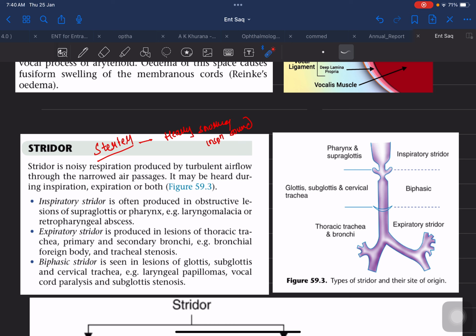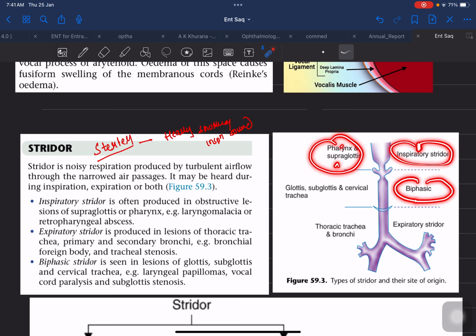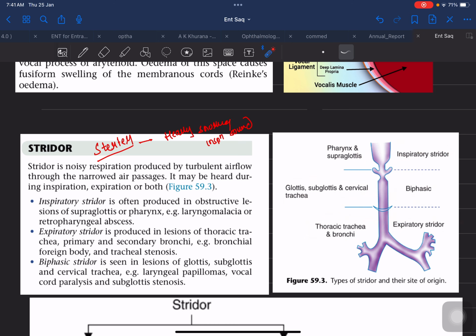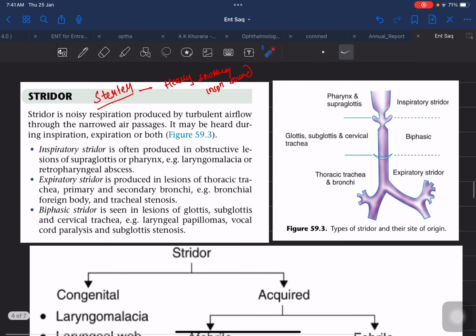So we talked about inspiratory, with lesions in the supraglottis or pharynx; biphasic, with lesions in the glottis, subglottis, and cervical trachea; and expiratory, with lesions in the thoracic trachea or primary or secondary bronchi. So these are the types.